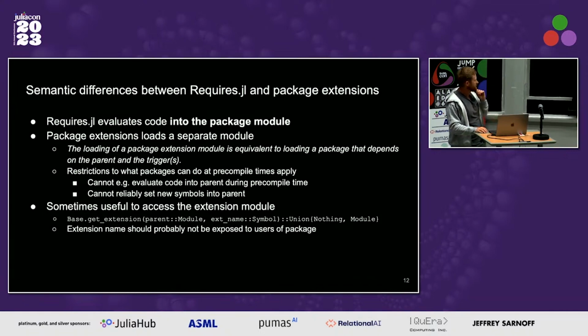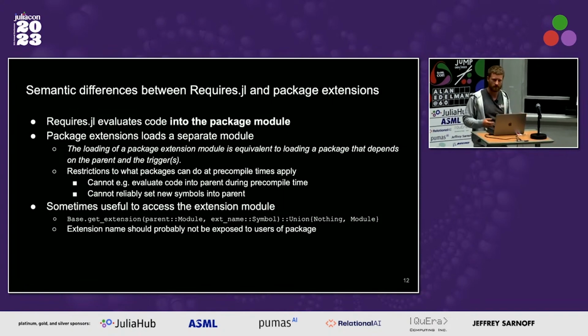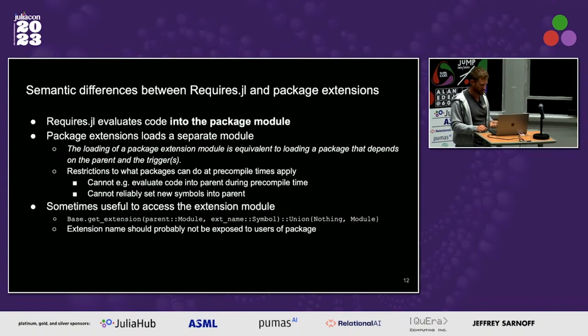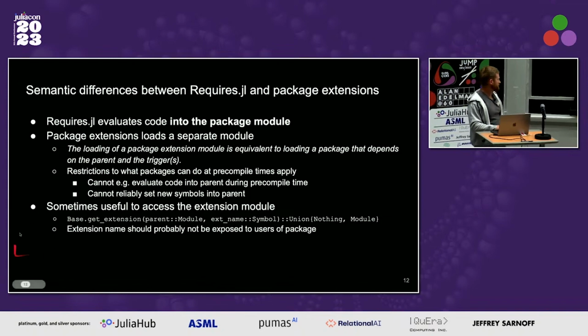And since the extension is now in a different module, the question is how do I get a reference to that module? Maybe I have to look inside there somehow as the parent. There is this Base.get_extension function where you provide a parent module and then the name of the extension. It gives you either nothing if the extension is not loaded, or the module if it is there.